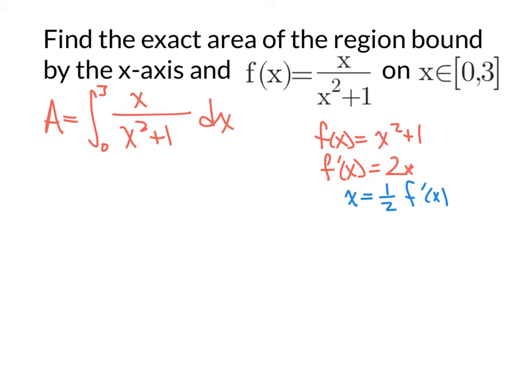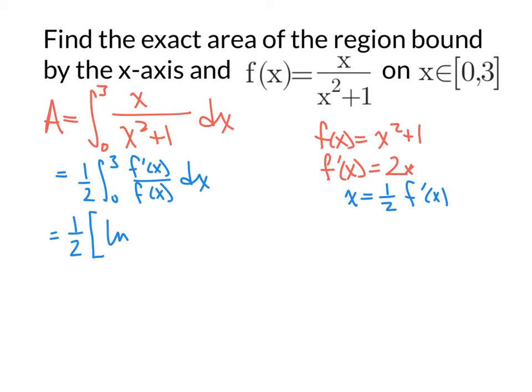So our exact area is going to be half of that integral from 0 to 3 of f prime over f, or 1/2 of the natural log of our denominator, x squared plus 1, evaluated from 0 to 3.